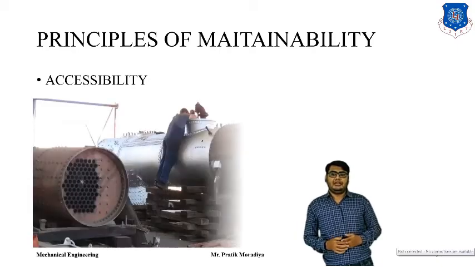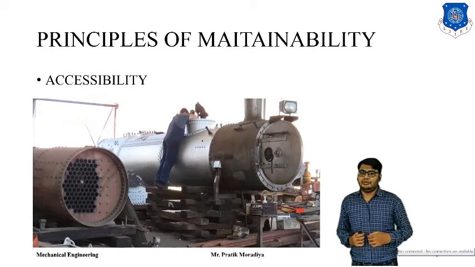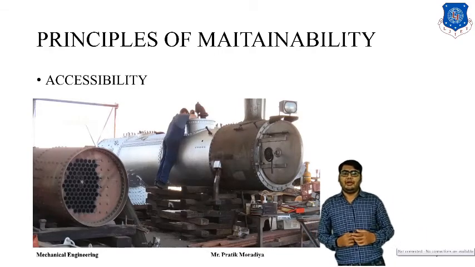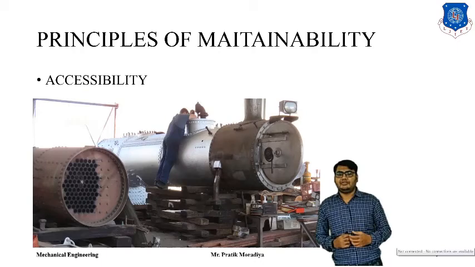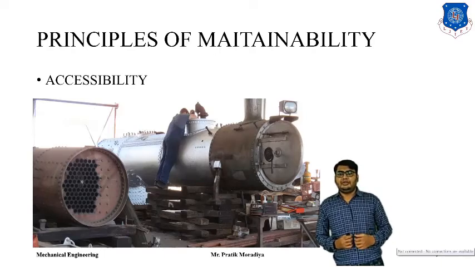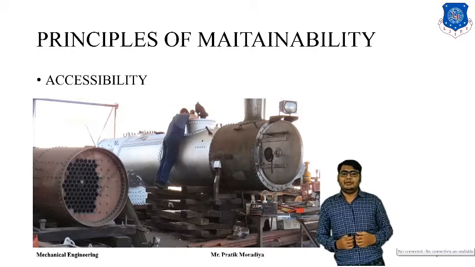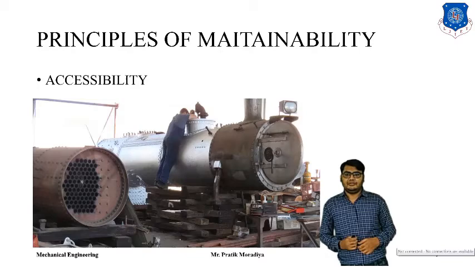So when you are thinking about manufacturing a product, you need to think that at some point I might have to repair it, so I will have to give some type of access to repair it. For example, if you are building a boiler or a large heat exchanger, then you need to think about giving a manhole so that it can be used at a later stage for maintenance purposes.